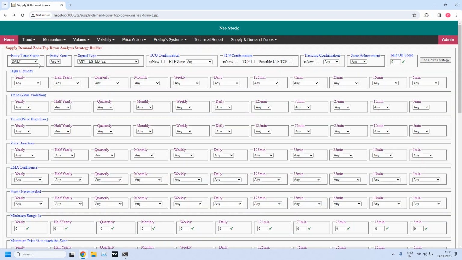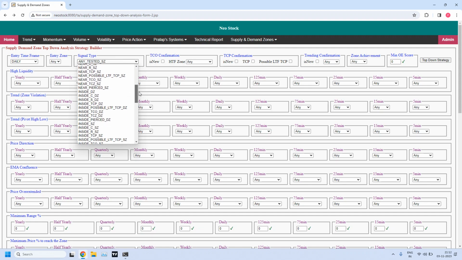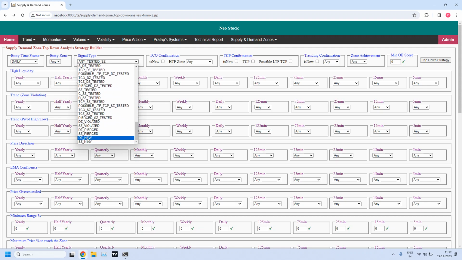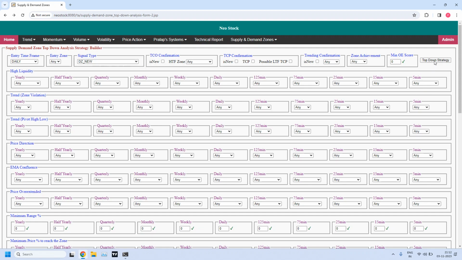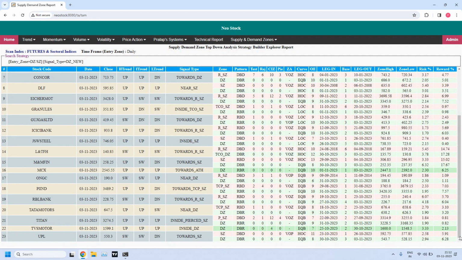Let's go back. Entry time frame daily. Let us find newly created daily demand zones. So these stocks are having newly created daily demand zones. So a total of 23 daily demand zones created.